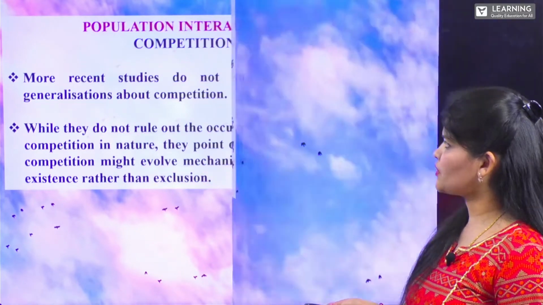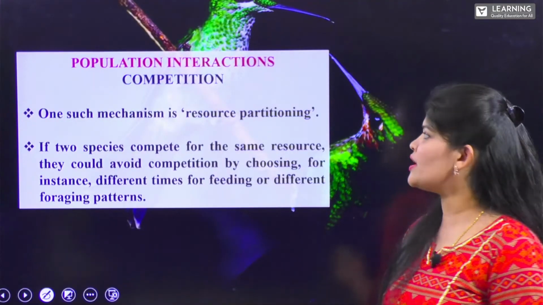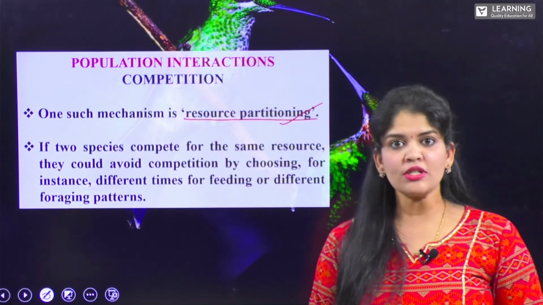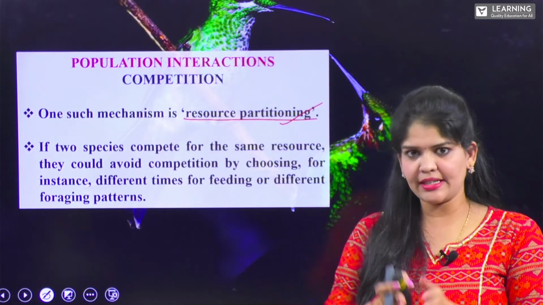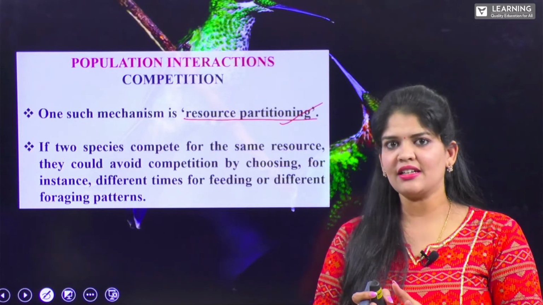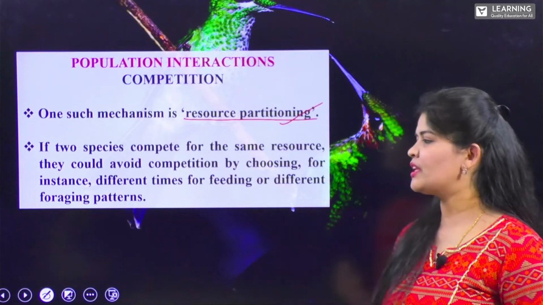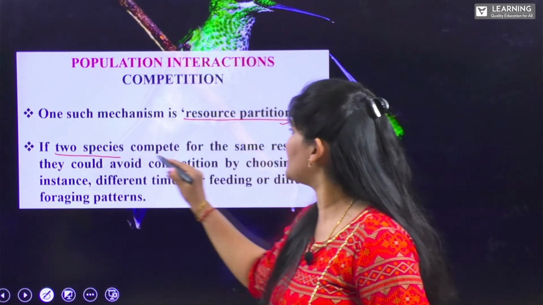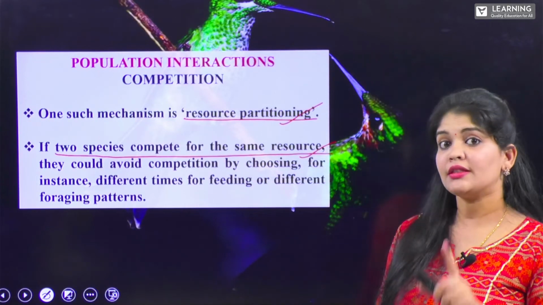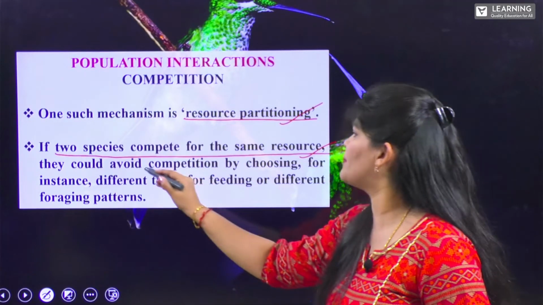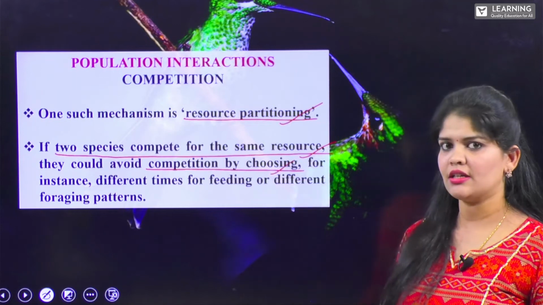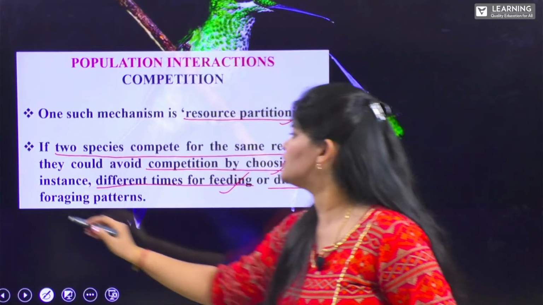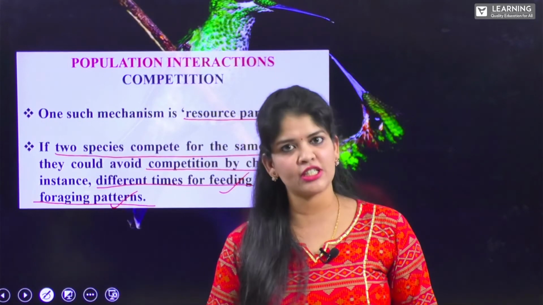Now, what is this coexistence? Coexistence is a mechanism. One such mechanism is resource partitioning. They divide the resources and take their food independently without competing. If two species compete for the same resources, they could avoid this competition by choosing, for instance, different timings for feeding or different foraging, that is food searching, patterns.